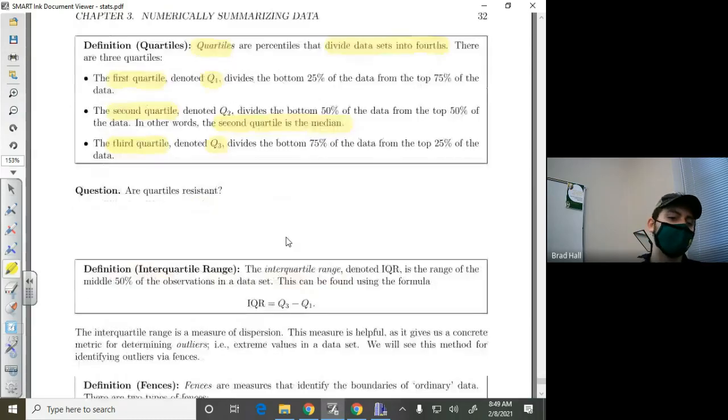But in the meantime, here's a question. Are quartiles resistant? So think about it. Are quartiles resistant?